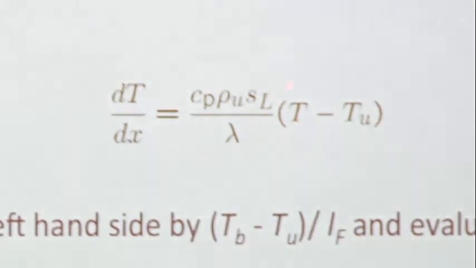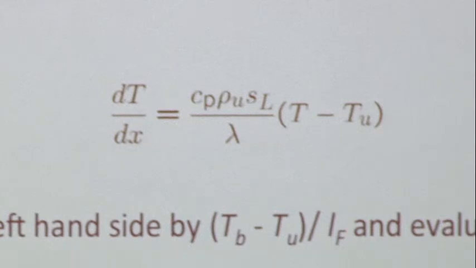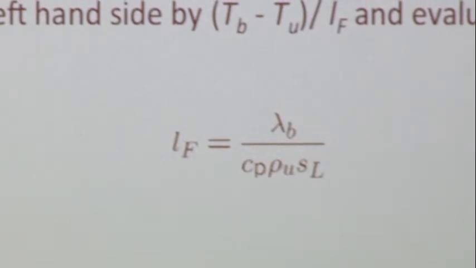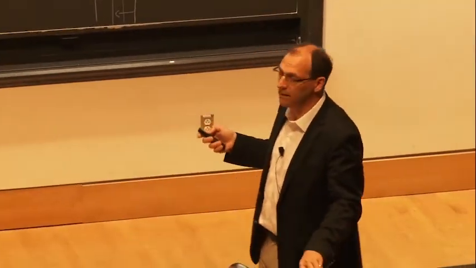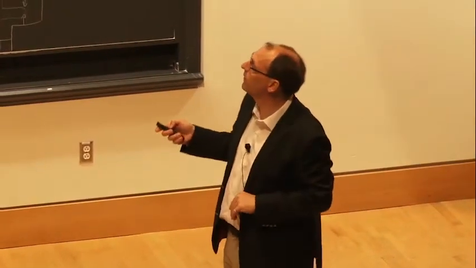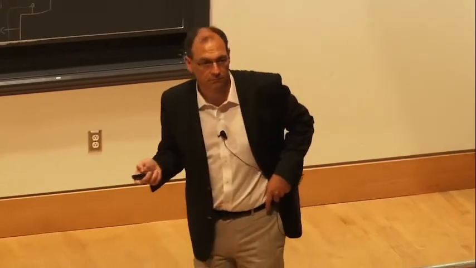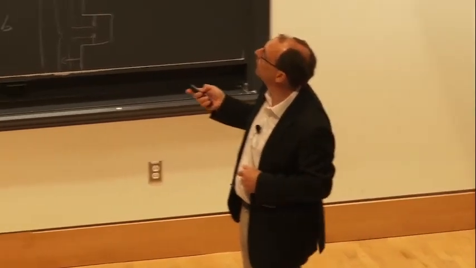So if you set this T equal to Tb, then you get for Lf the same thing we defined earlier. So what we had defined earlier was not just a scaling argument that roughly scales with a flame thickness. Using the thermal flame theory, it gives you exactly this definition. That's just something to keep in mind.